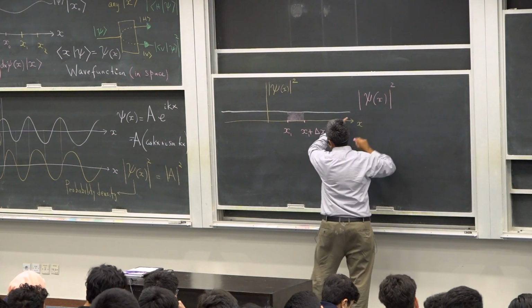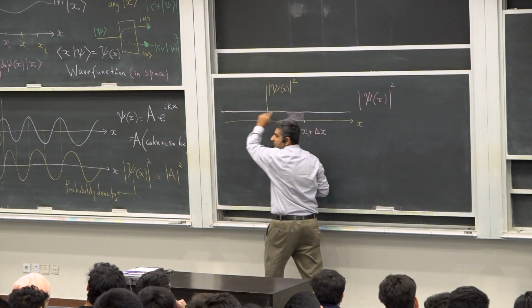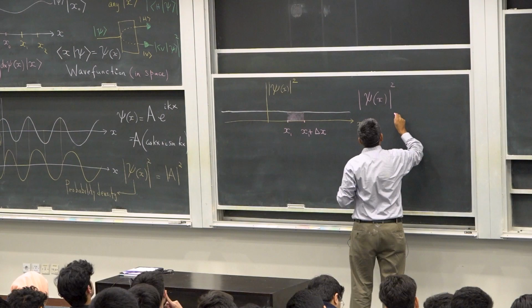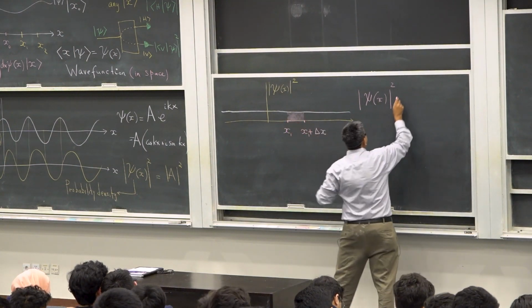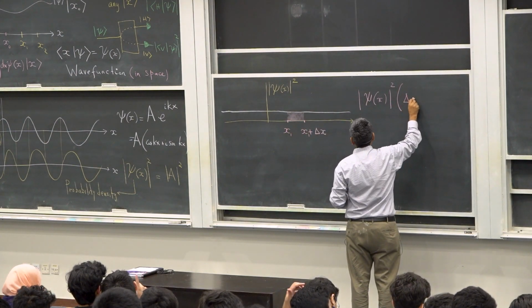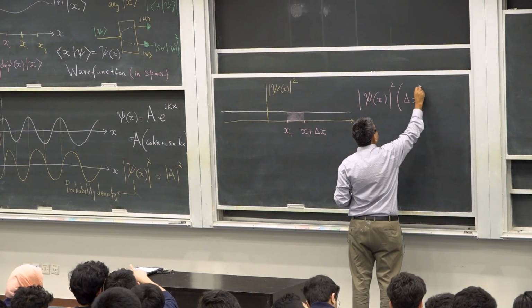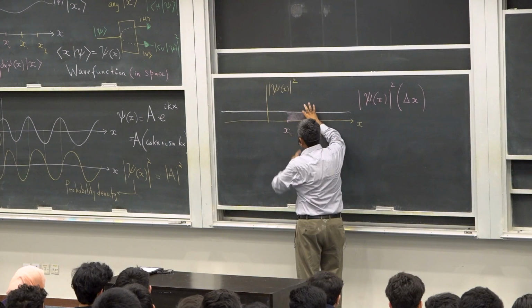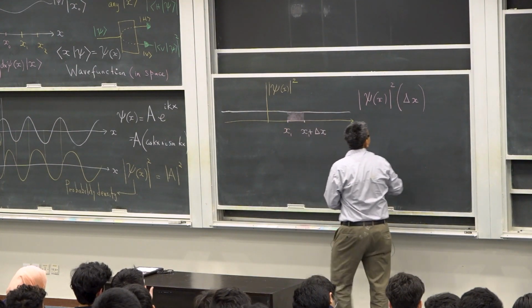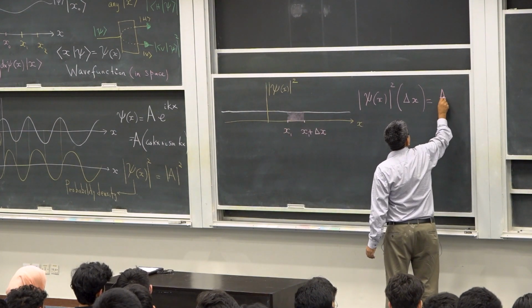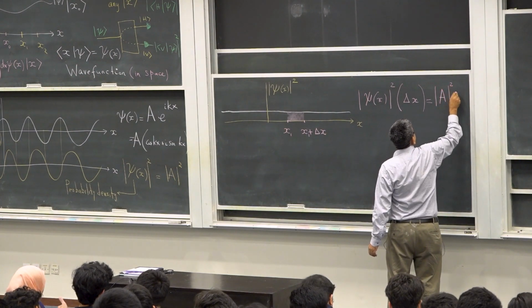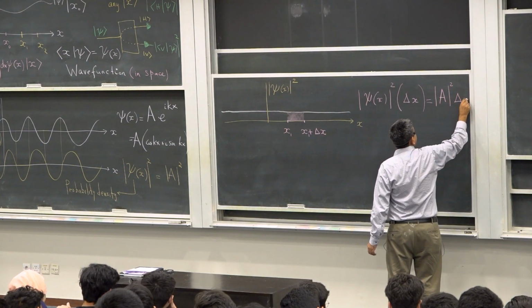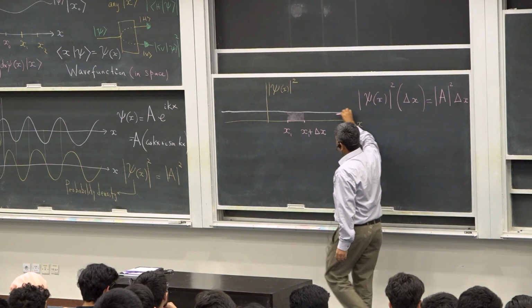Now this is constant, so we are fine. Area in this region is simply delta x. This length is delta x, this height is A square, so it is A square delta x. Luckily this is a constant function.